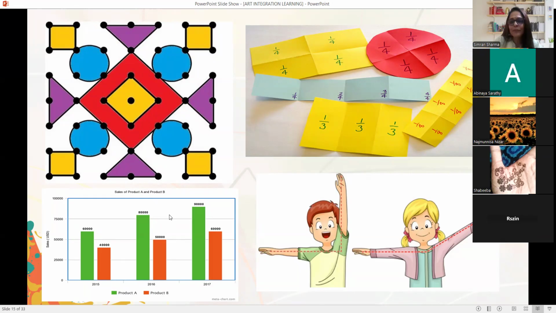Then graphs, which generally are a very dry topic for them: ask them to cut colorful strips and put them in, and see their engagement. And of course, angles can be shown by the students moving their arms and hands: right angle, then acute and obtuse angle, etc.